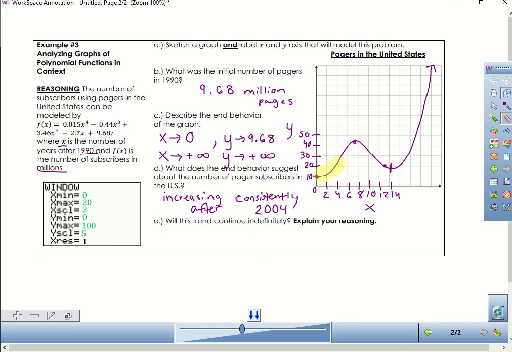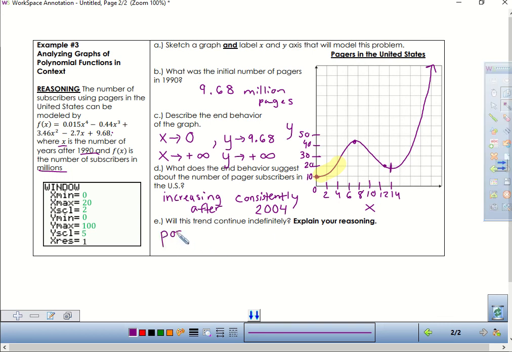And then, will this trend continue indefinitely? Maybe. But let's think about what we know. Do pagers still exist right now? Unless they're converting this data into cell phone data, most likely not, right? Because we're only looking at a small glimpse of this. This right here is a positive end behavior function.